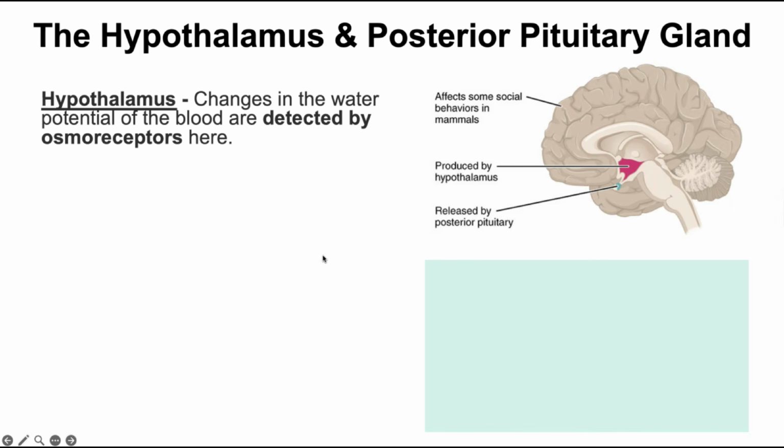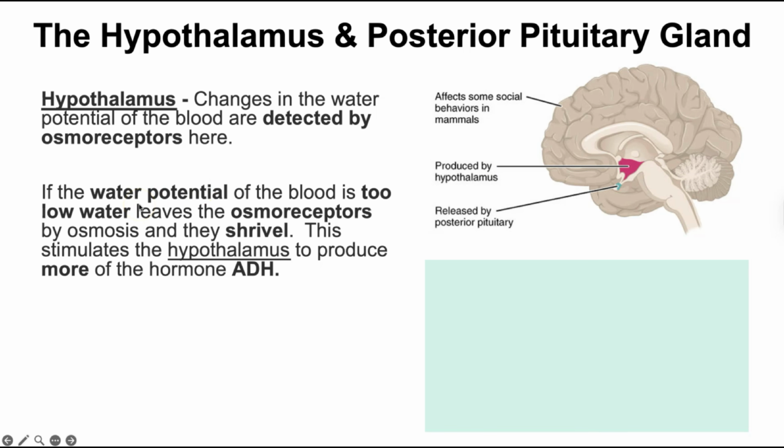So how are the hypothalamus and the posterior pituitary gland involved? The hypothalamus is going to detect changes in the water potential. Specifically, we have osmoreceptor cells, which are the receptors that detect the changes in water potential.